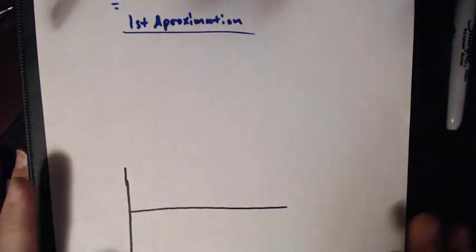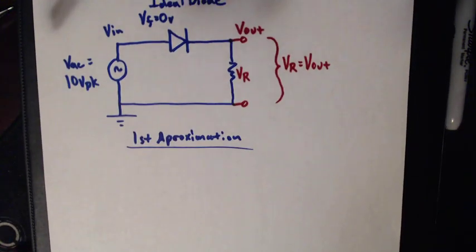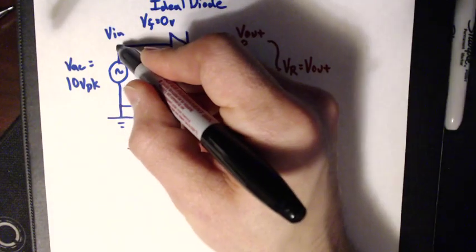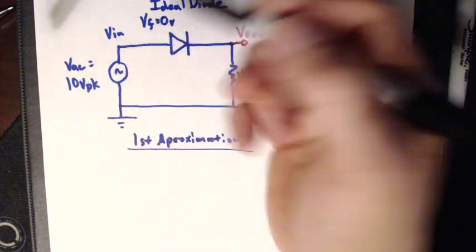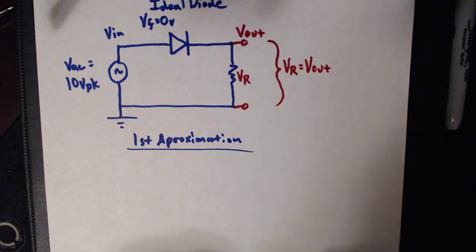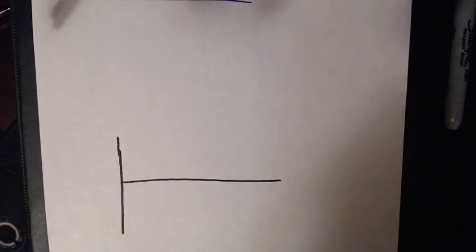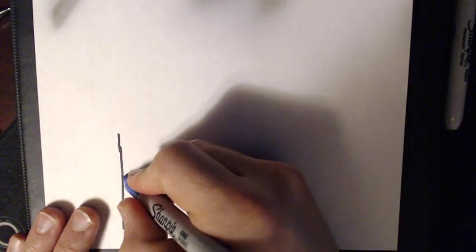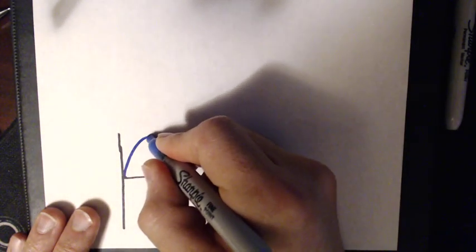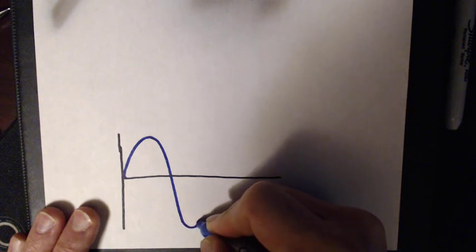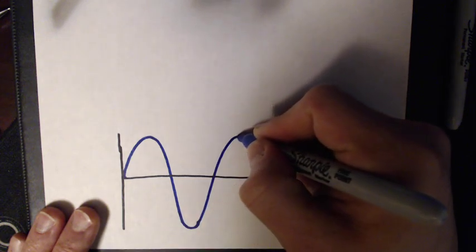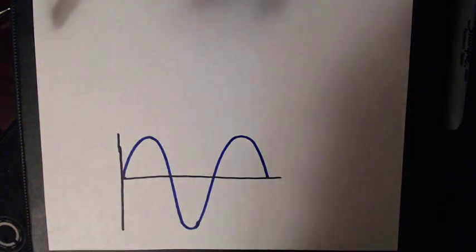Now, keep in mind, V in is the voltage at this point, which is the same as our VAC, which is 10 volts peak. So if we're going to plot V in, V in goes all the way up to 10 volts, all the way down to minus 10, all the way back up to positive 10, and we'll just do 1.5 cycles here.